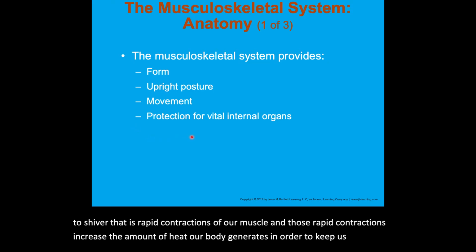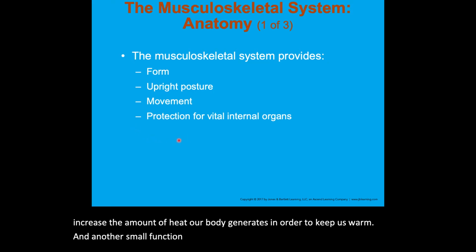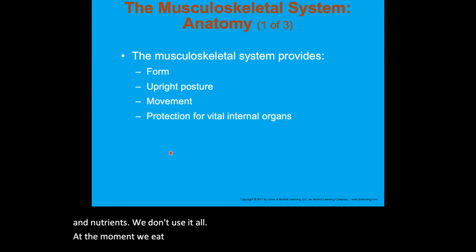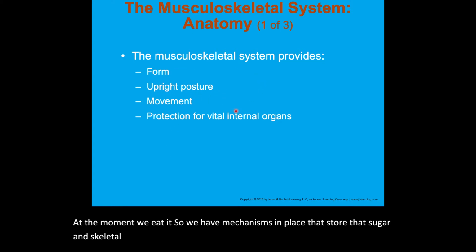And another small function not listed is glucose storage. When we consume food and nutrients, we don't use it all at the moment we eat it. So we have mechanisms in place that store that sugar, and skeletal muscle is one of those locations.